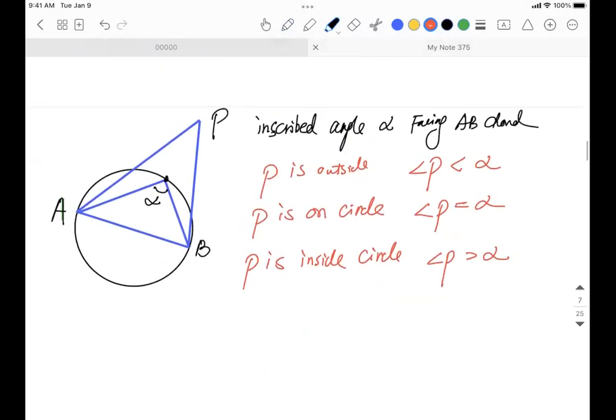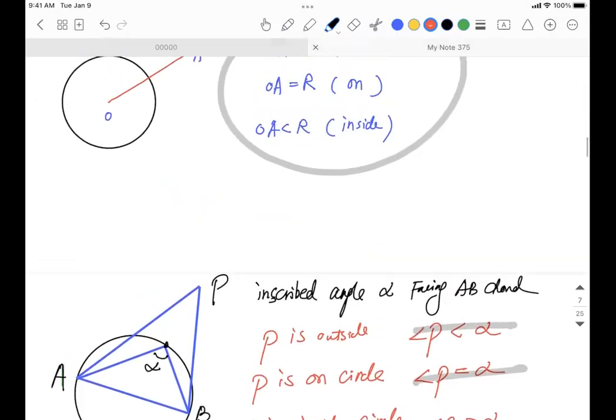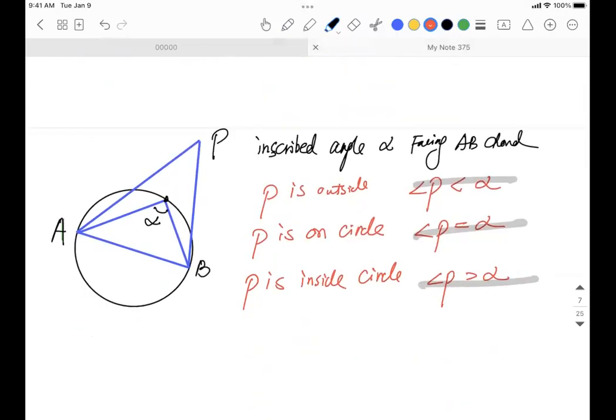Actually, you can still use angle to represent the position of a point P. So P lesser, greater, or equal to alpha will give you the relative relationship between P and the entire circle. Try to remember there are two ways, not only using OP, the distance, but also using angle as well.